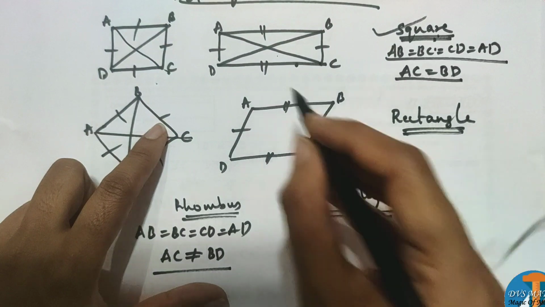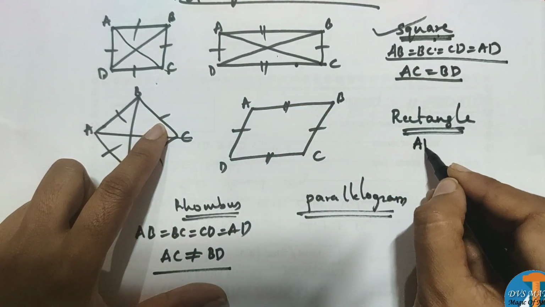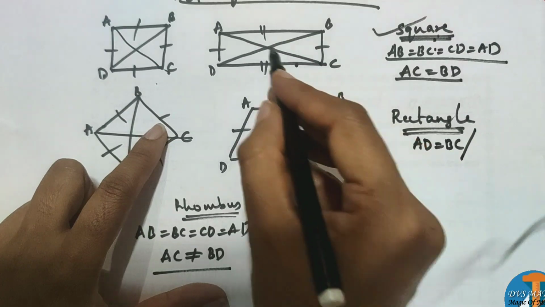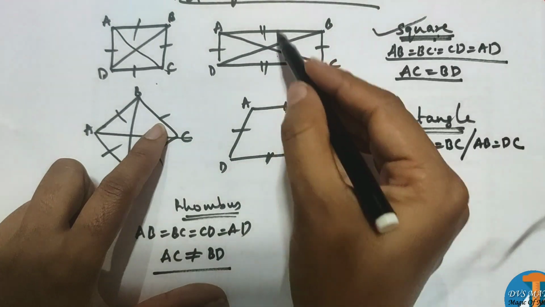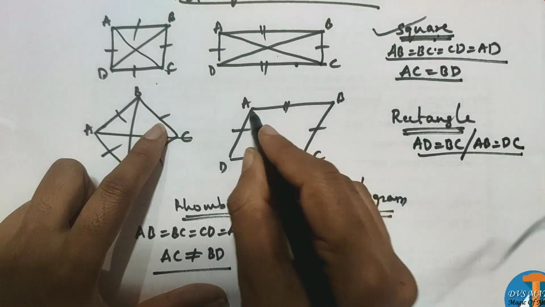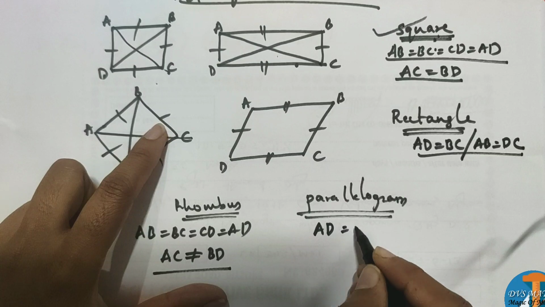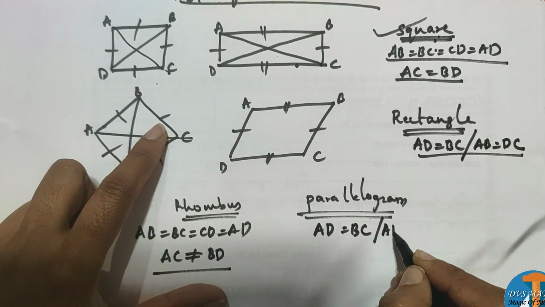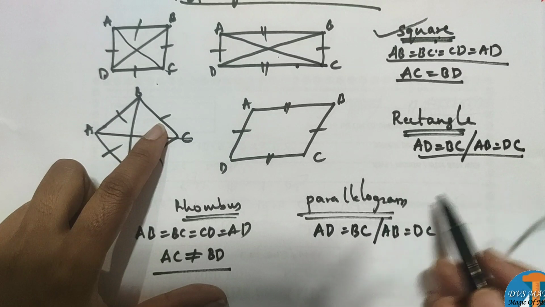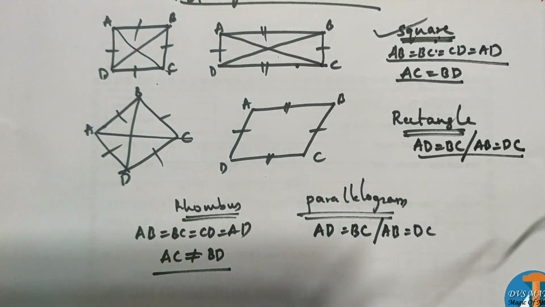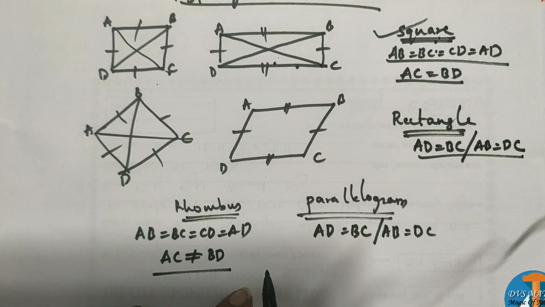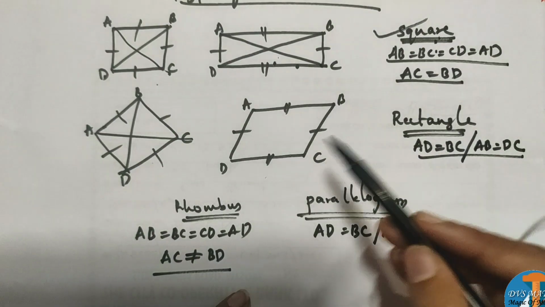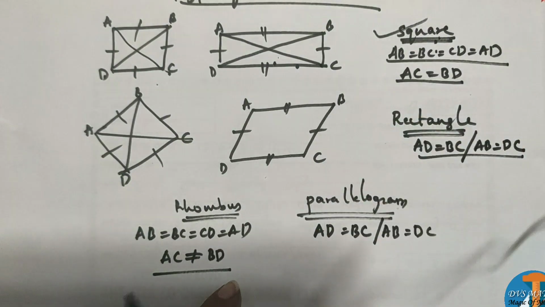That is, opposite sides are equal means here, if I consider AD equals BC, so in this case AD equals BC and AB equals DC. Look here, AB equals DC. So opposite sides are equal. So AD equals BC and also AB equals DC. Okay, in both the chances, opposite sides equal will come. So as soon as opposite sides come out equal, you have two chances: either it can be a rectangle, or it can be a parallelogram. I hope it is understood.